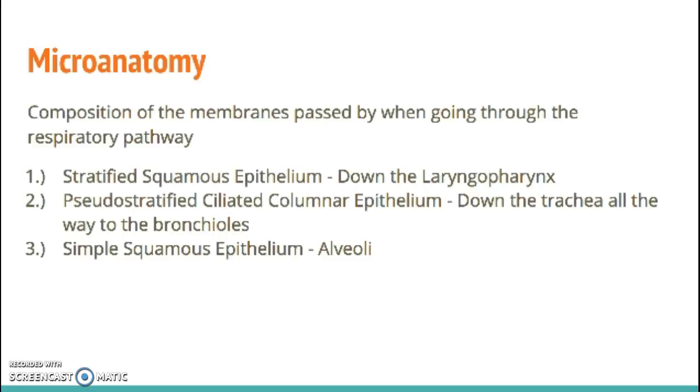Around there, there's stratified squamous epithelium for food, and then pseudostratified ciliated columnar epithelium along the trachea and bronchi all the way to the bronchioles, moving mucus upwards. And then there's simple squamous epithelium lining the alveoli for gas exchange.